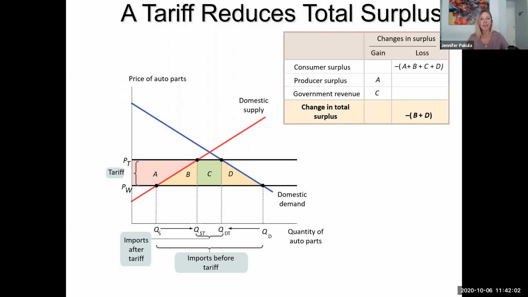If the tariff is $5 a unit and there's 100 units being imported in, then they're making $500, or $5 million if it's a larger quantity product. So they are a winner in terms of overall changes in surplus. Now, we lose out on areas B and D. That's the idea of the deadweight loss. We lose out on those transactions.